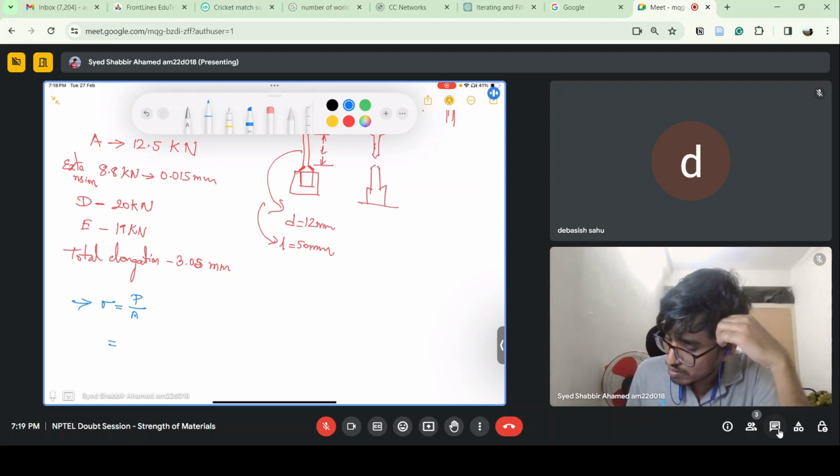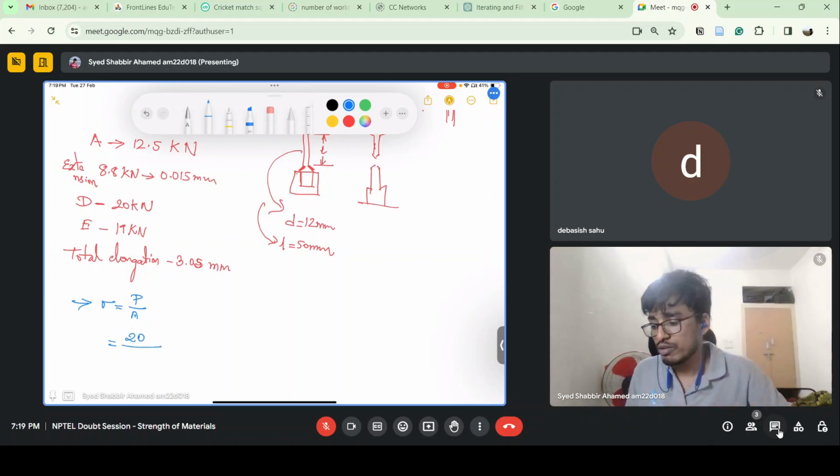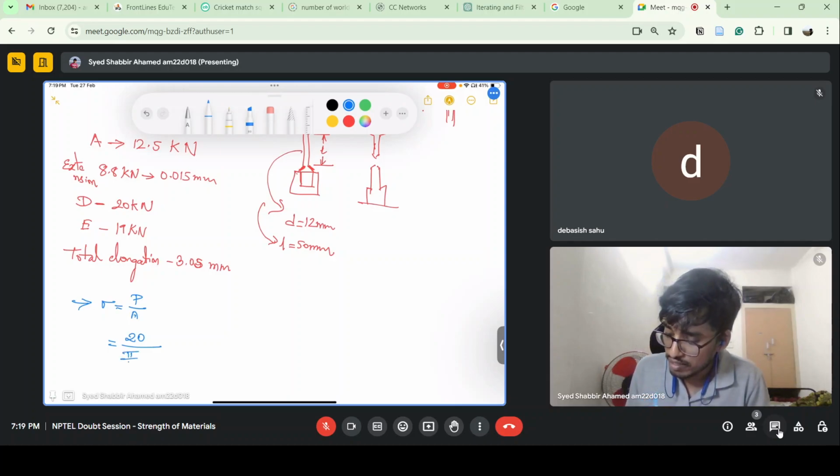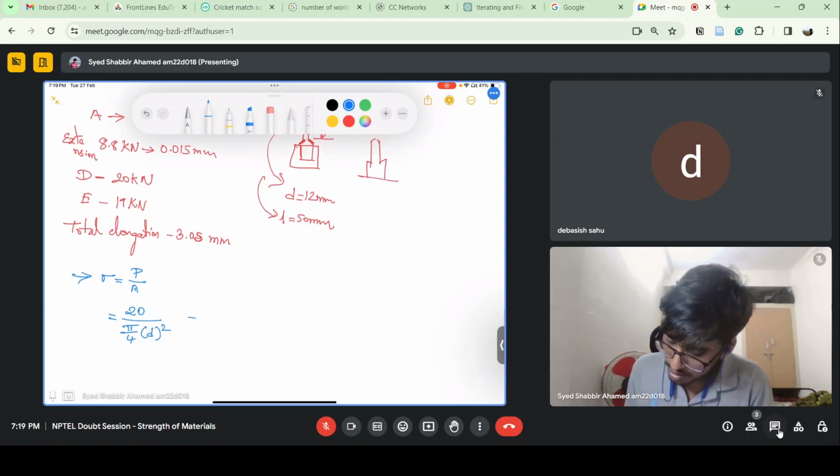The load at the ultimate stress point D is 20 kilonewton, and we have the area as pi by 4 d square, where d is 12 mm.